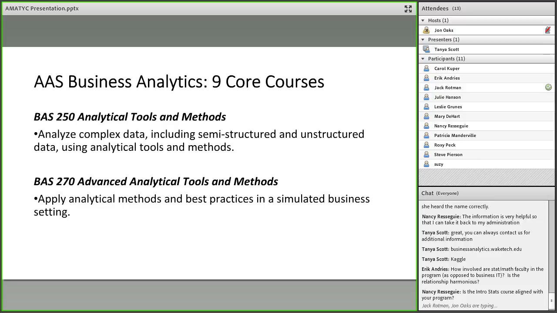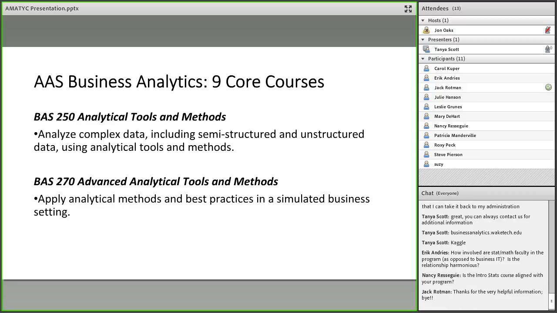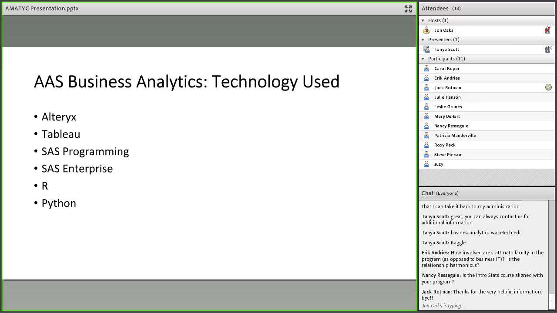Yes. In 120, we make sure that students understand all the key statistical concepts that are needed for predictive analytics. Because a lot of these concepts which are taught in the stats department are formula-based, very manually learned, in our analytics program we recognize that it's not the formula that you need to be able to calculate.